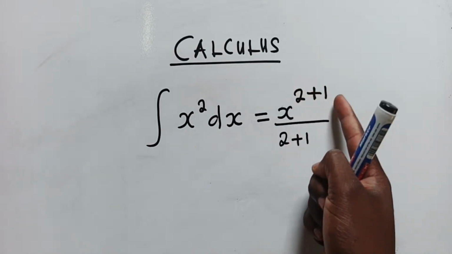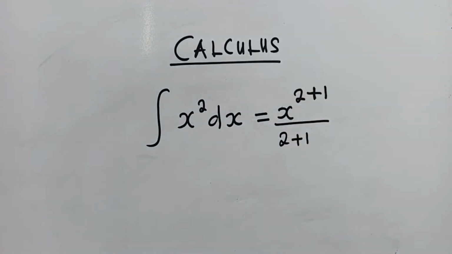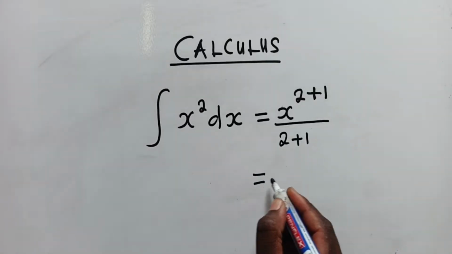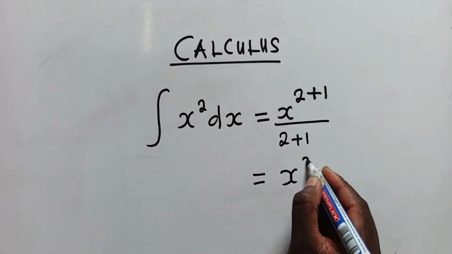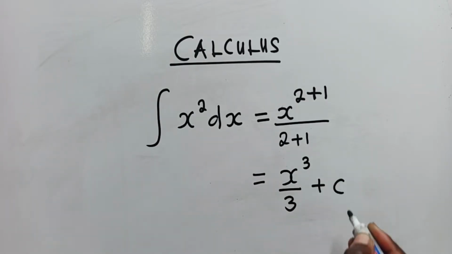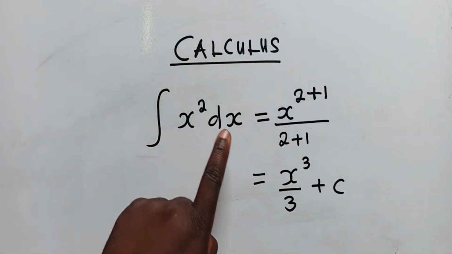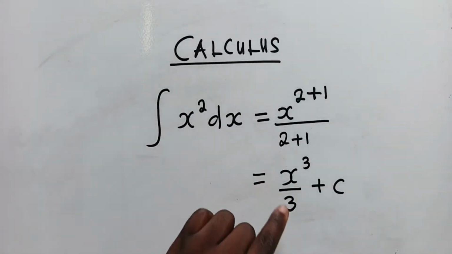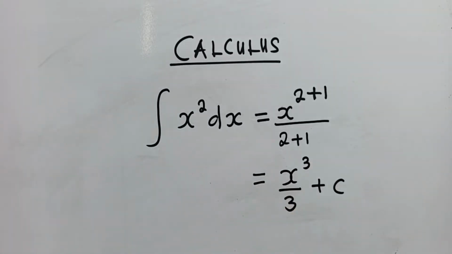You put this new power down here as a denominator. Then you simplify: this would be x power 3 over 3 plus c. That's how you integrate. The rule of integration is to get the power which is there, add 1 to the power, and divide by the new power.